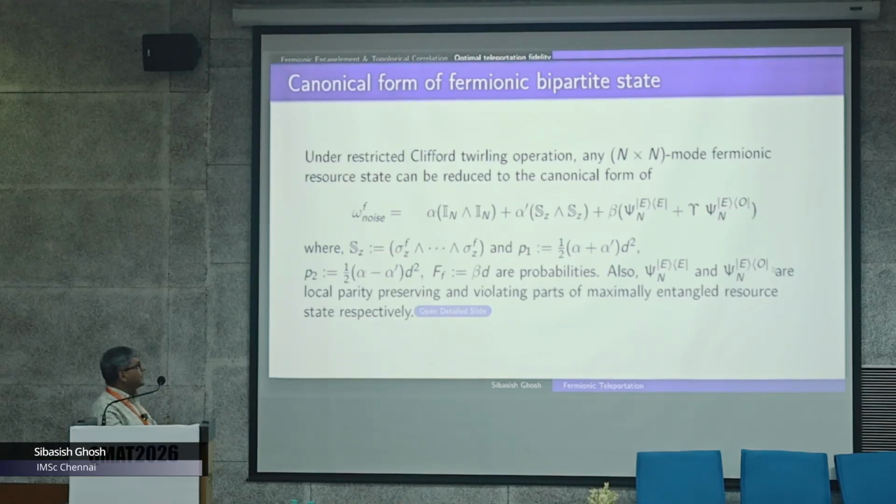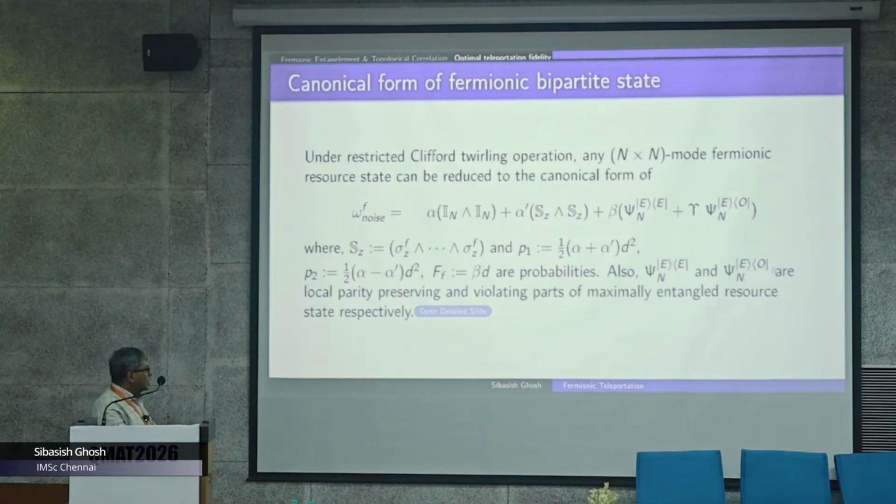You take this wedge product of the identity, wedge product of this Sz, which is the wedge product of the individual sigma z, and then this is the superposition of an even parity state. This satisfies the local SSR, PSSR, but this one does not satisfy it. Okay, this psi EO, and these are some probabilities that one can come up with.